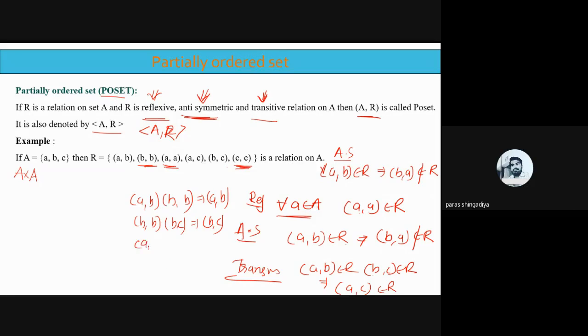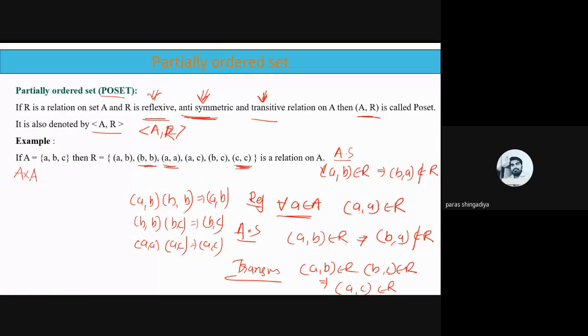Then you can consider (A, A) and (A, C), where A is common. Based on that, we get (A, C) as the first value of the first pair and the second value of the second pair. So it maps to (A, C), and that also exists. And for the remaining, you can consider (A, C) and (C, C), which we already defined here.